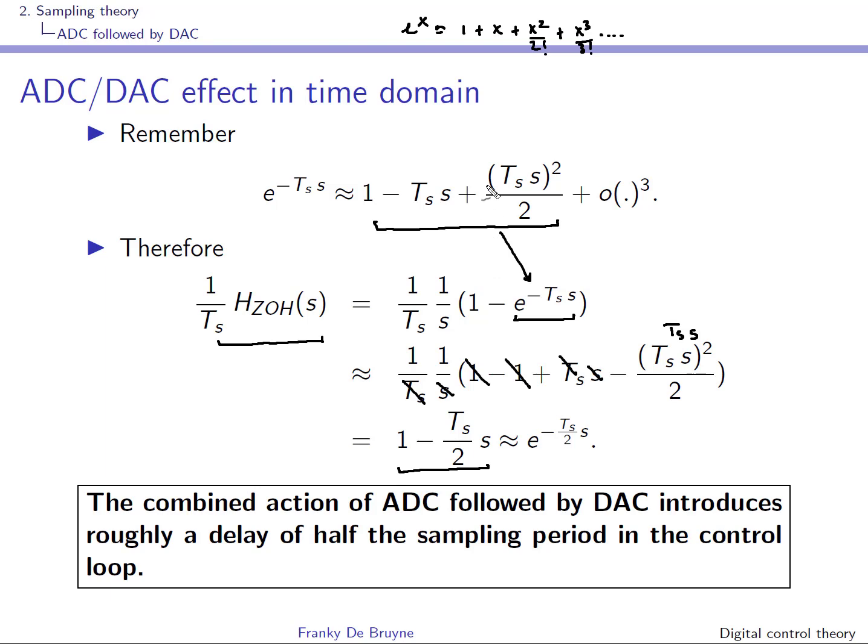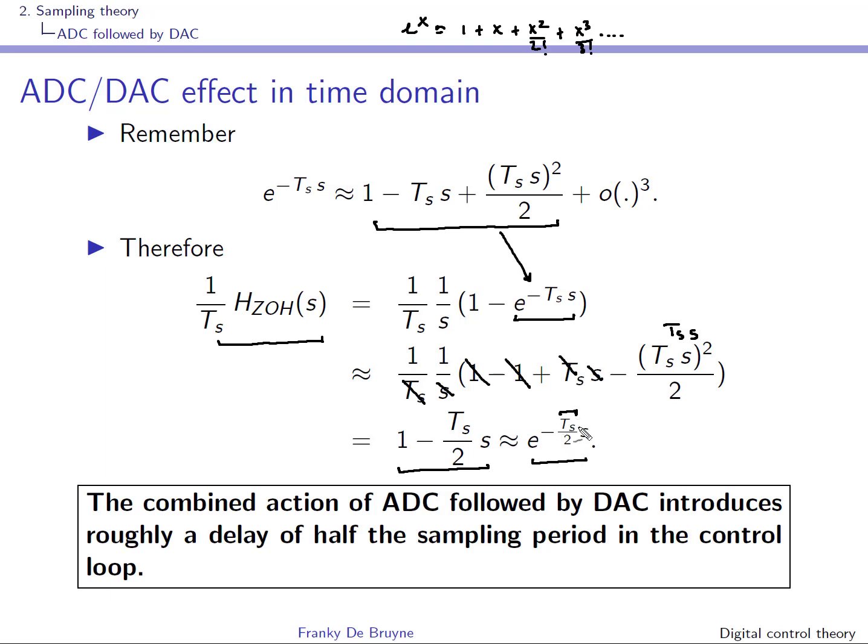And here again we can use this Taylor series to see that this is approximately a transfer function that models a delay of Ts over 2. So the combined action of analog to digital conversion followed by digital to analog conversion introduces a delay of half the sampling period in the control loop.